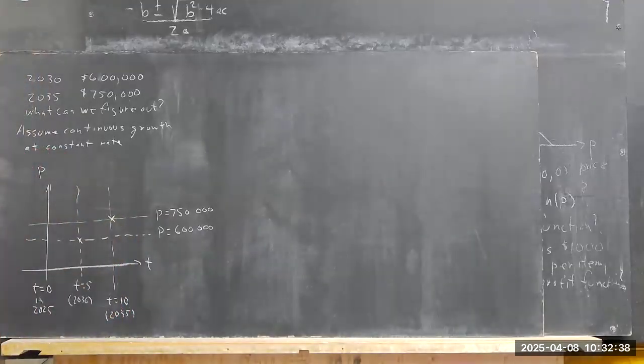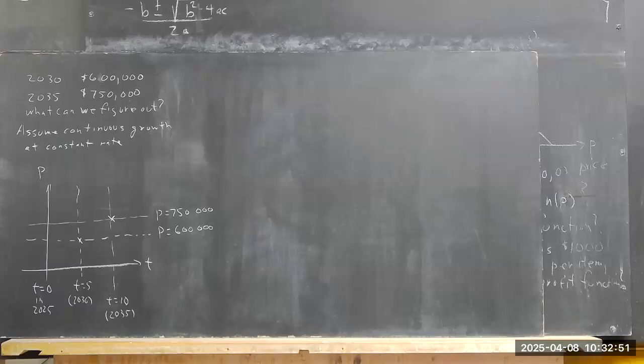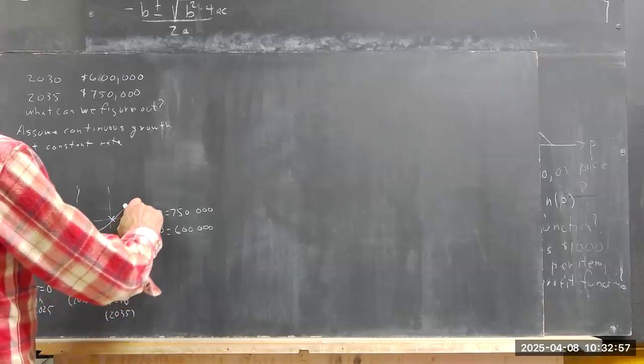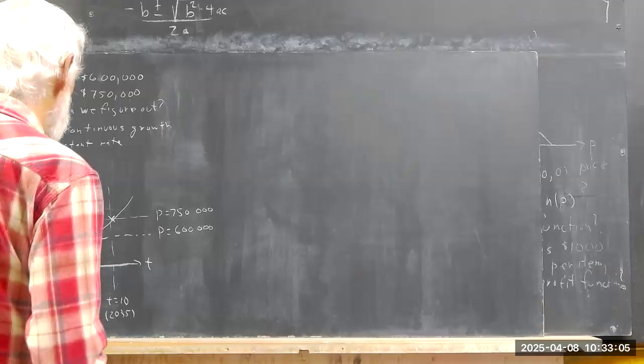I have the point P equals 750,000. Now I can estimate an exponential curve here. It's probably going to look something like this. Not particularly accurate, but something like this.